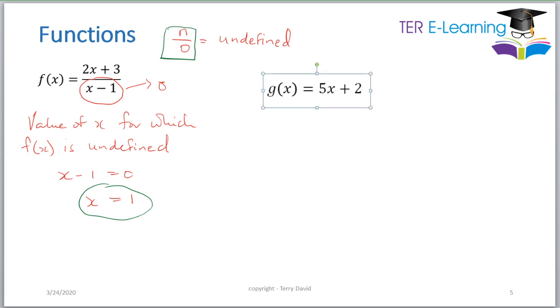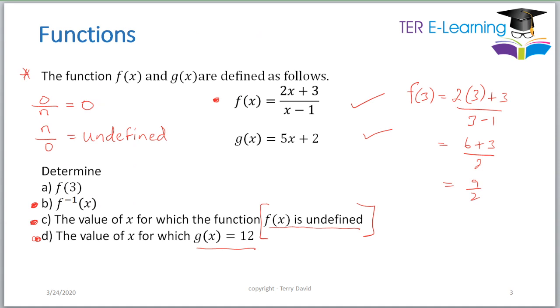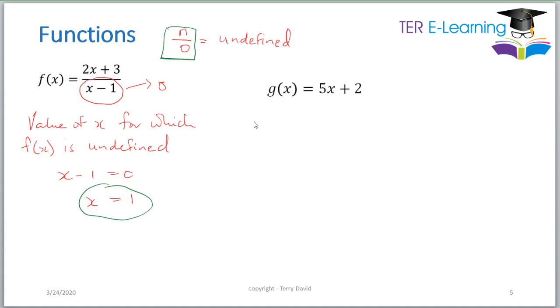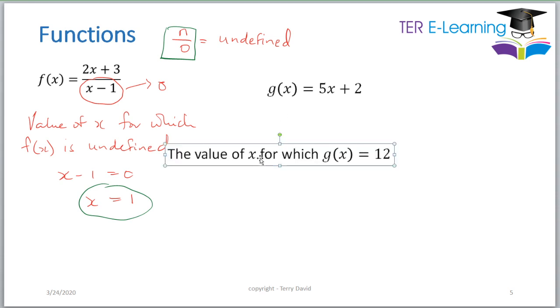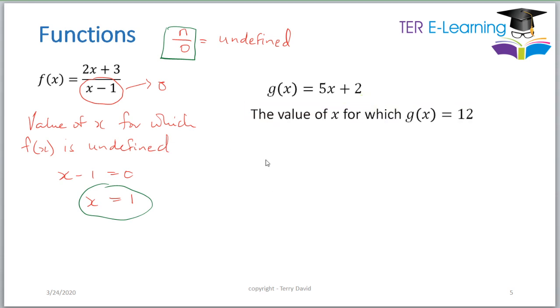So g of x is equal to that, and the question is asking for the value of x for which g of x equals 12, right? Now, for some strange reason, some of my Form 5 students, they have a problem with this particular question. So the question asks us, what is the value of x for which g of x is equal to 12? The thing is, you know what g of x is. G of x is equal to 5x plus 2, right?